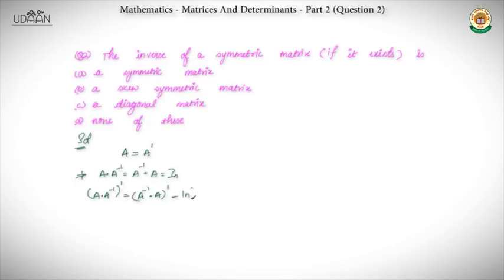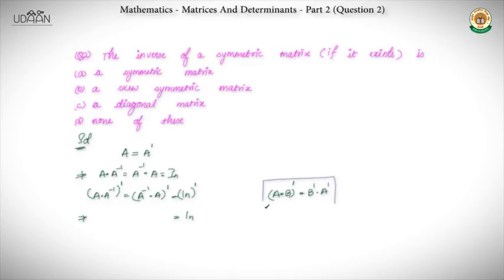The transpose of IN is IN again. And here we know that A dot B transpose becomes B transpose dot A transpose. This is the reversal law, we are going to apply this law here. So this is something which we already know.